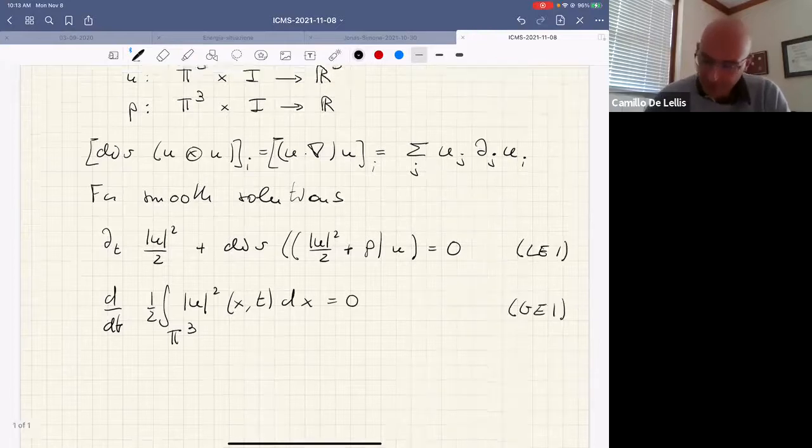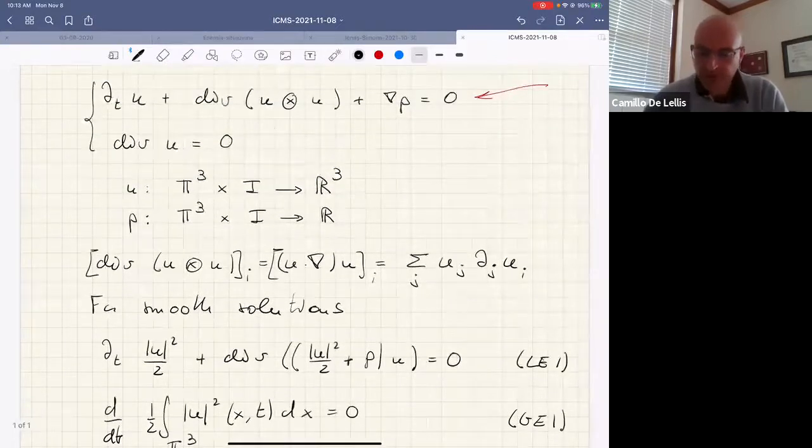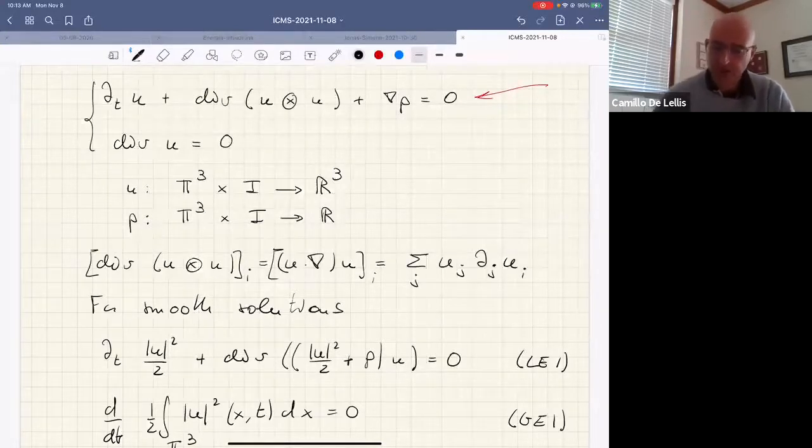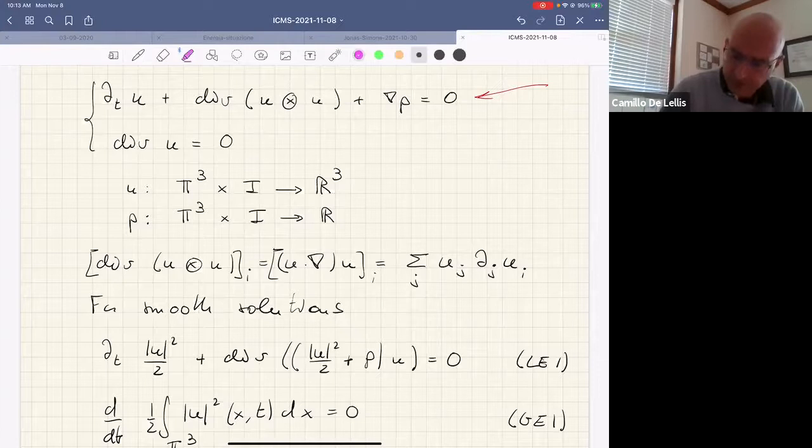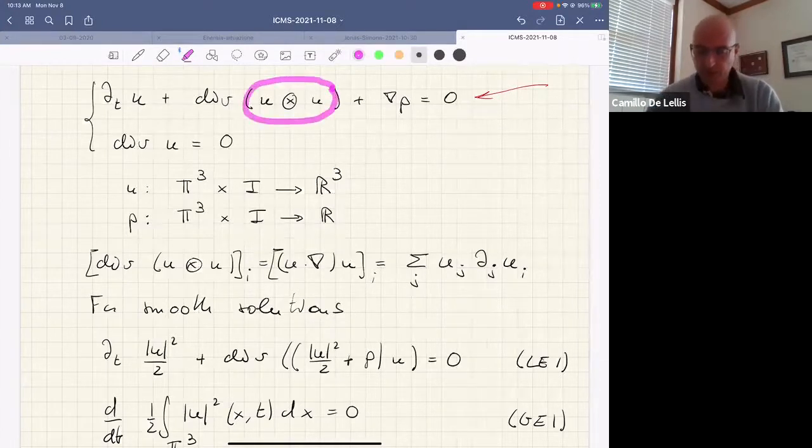On the other hand, what we are going to consider in this case are solutions which are only weak, which are not regular enough to carry out these computations. In particular, we are going to consider distributional solutions, for which the only thing I need to make sense of is to be able to define this product over here. As soon as I have a square summable solution, I can multiply the components of u, and I can make sense of this as a matrix of L1 functions.